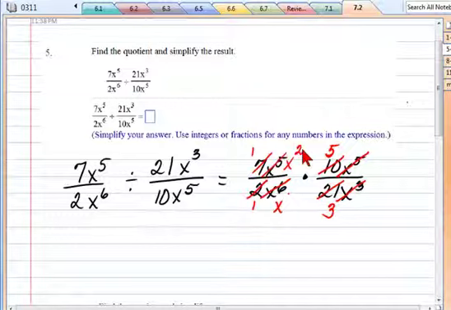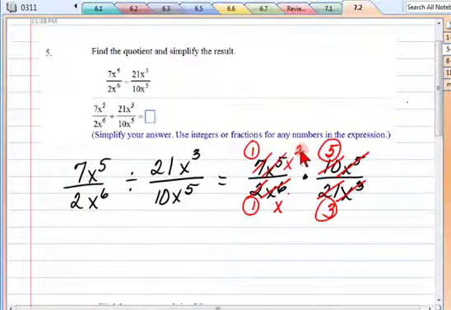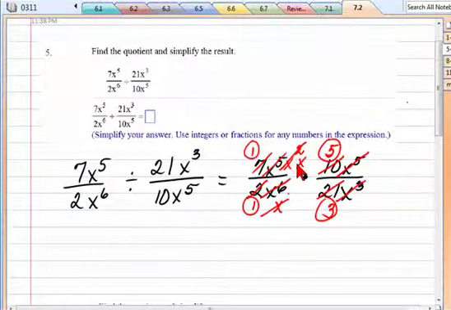And I'm not quite done, even though I have a big clutter of red marks up here. I took care of my numbers, and I've taken care of my variables, but I still have an x to the second over an x. So can I still reduce further? Yes. This x divides out with one of these x's, leaving me an x up there.